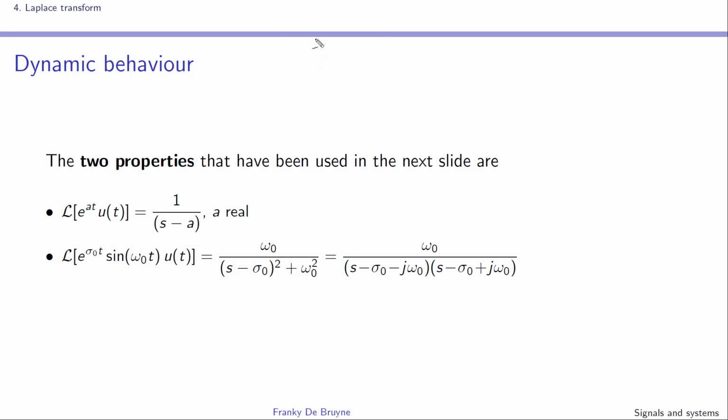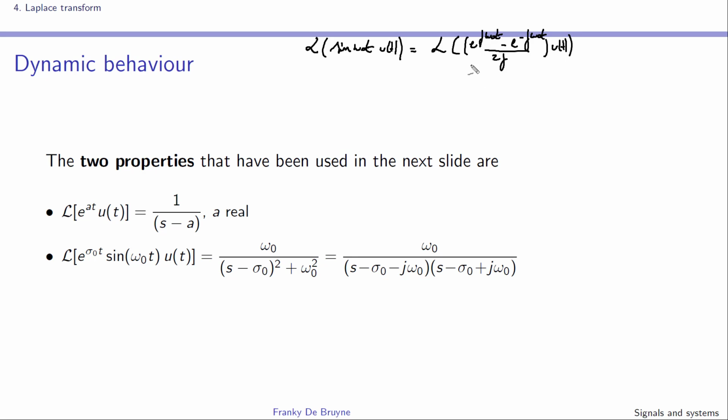We'll start first with the Laplace transform of sin(omega_0 t) u(t). From Euler's formula, we have that this is really the exponential of j omega_0 t minus the exponential of minus j omega_0 t, divided by 2j, times u(t).